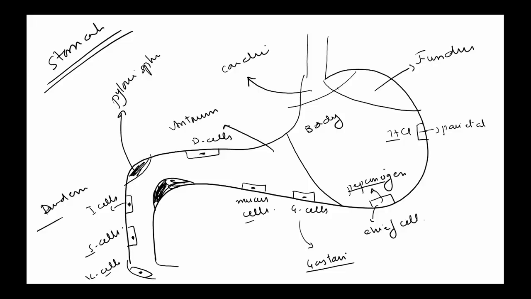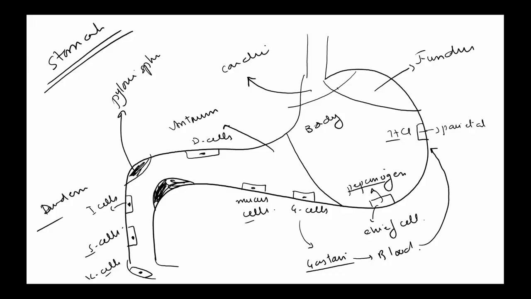So let's say when the stomach acid is low, the G cell will be stimulated. They will produce gastrin, and it will enter into the blood, and it will stimulate parietal cells to secrete HCl.